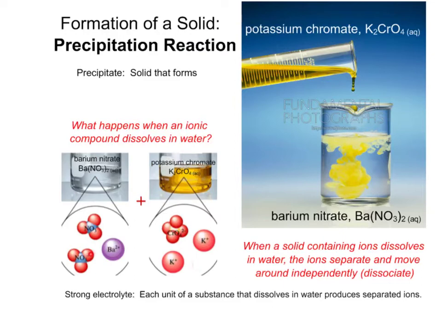In this case, as these are represented, if each substance that dissolves produces separate ions like this, completely separate, it will be a very strong electrolyte and it will conduct electricity well. We'll talk about that in a later unit, but just so that you understand, this is what is happening when we dissolve solid ionic compounds in water.